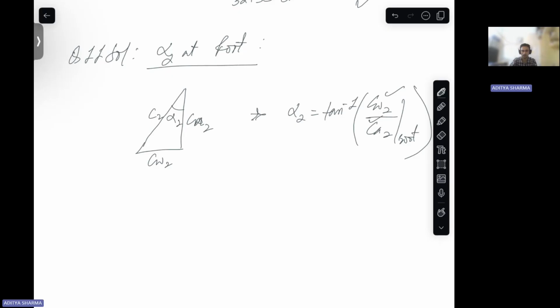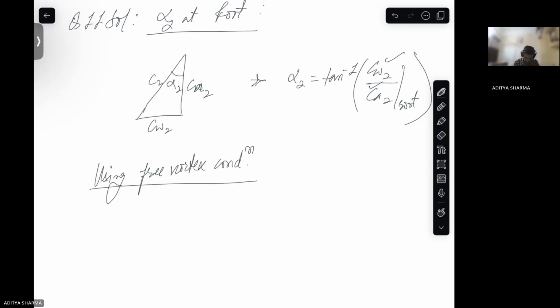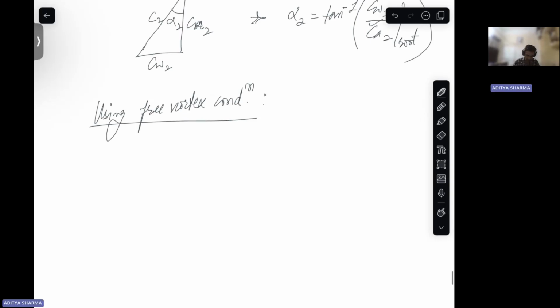So that we can do from your free vortex condition. So using free vortex condition, what do we have?